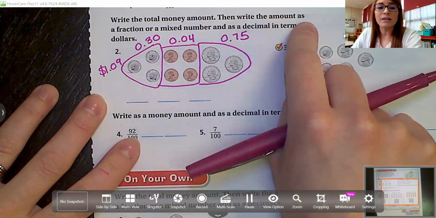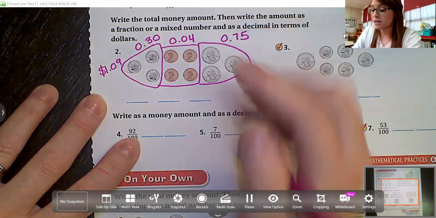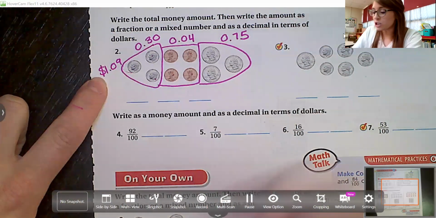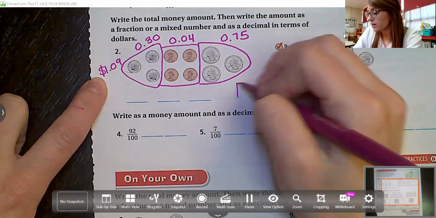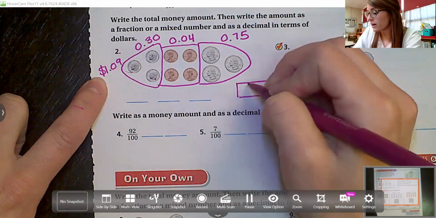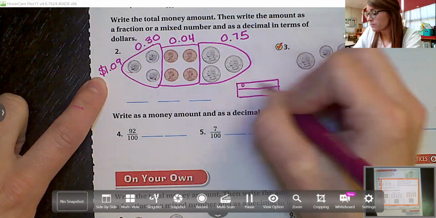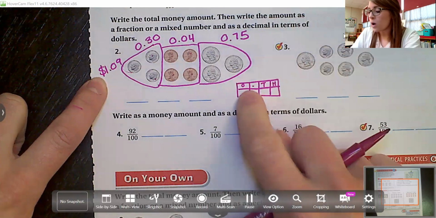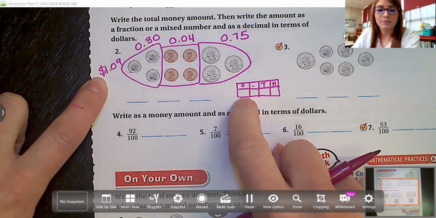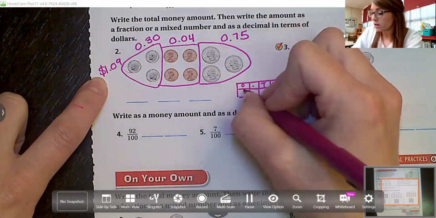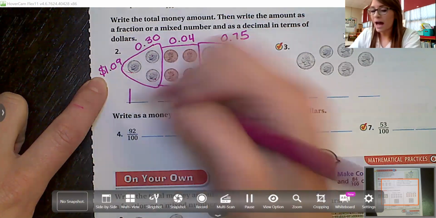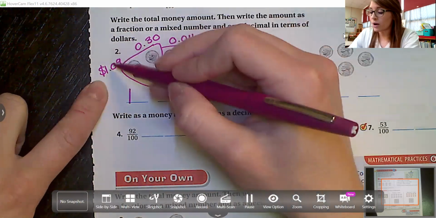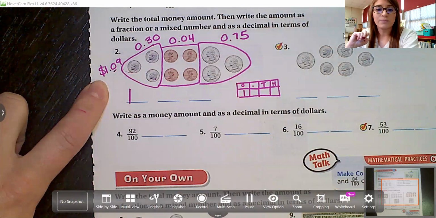Let's look at all the different ways that we can write this. They want us to write the amount as a fraction or a mixed number. Here's our dollar amount. Imagine that I have it written in this box right here. Our ones, tenths, and hundredths. What would go in our ones place? Very good. The 1 is our whole number. Would I have any tenths? Do I have any numbers in the tenths place?